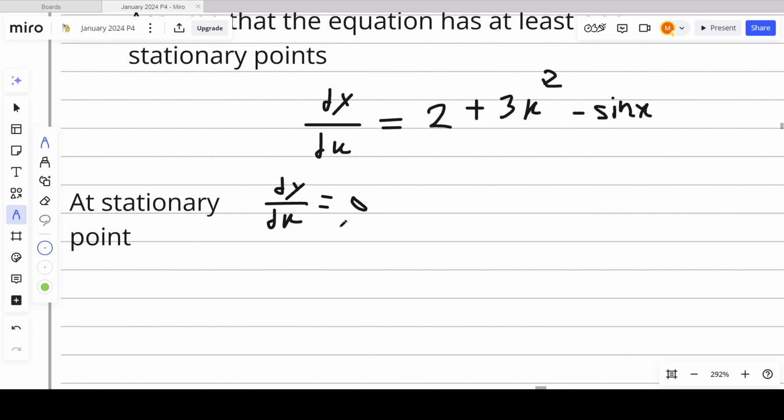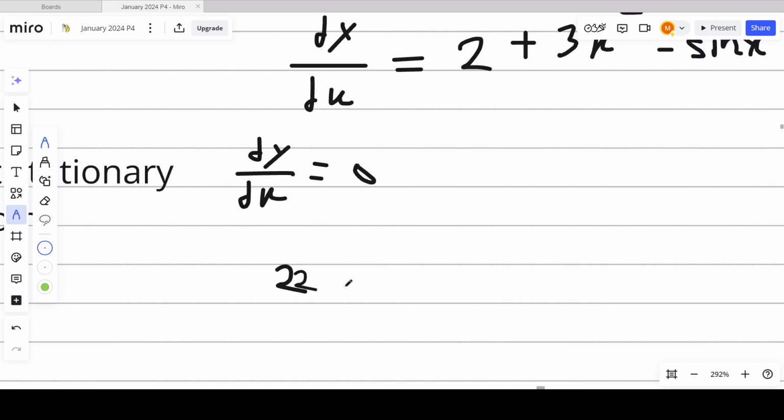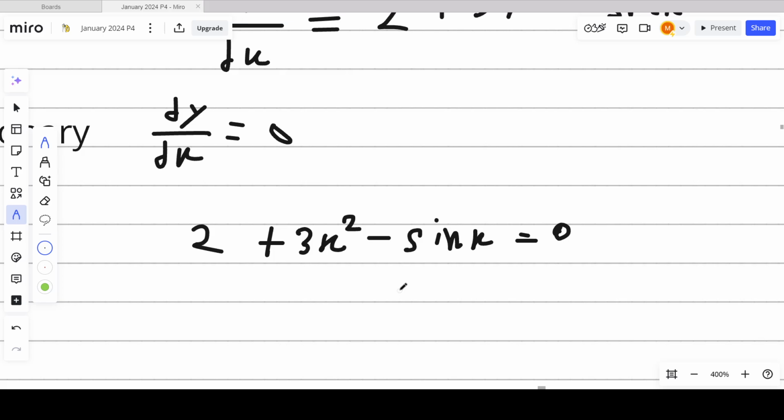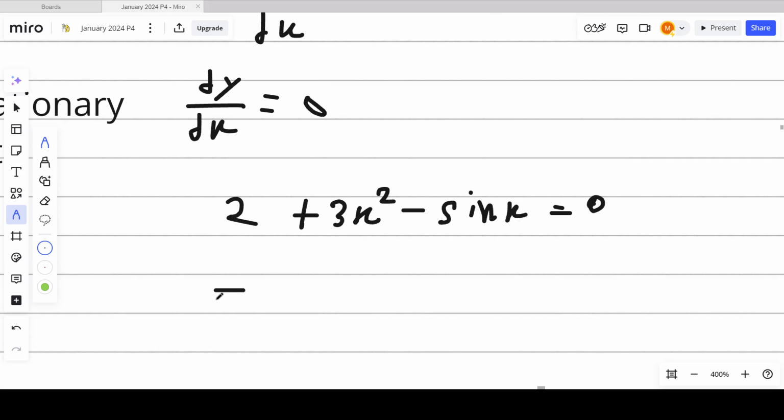Okay, so let's consider 2 plus 3x squared negative sin x equals 0. Fine.